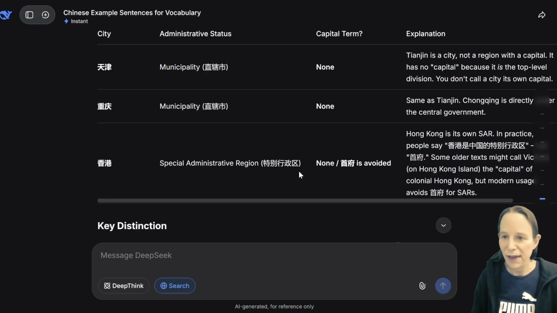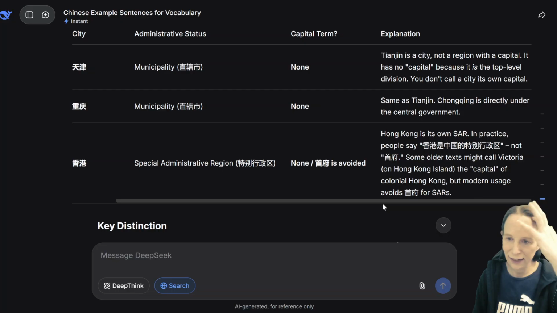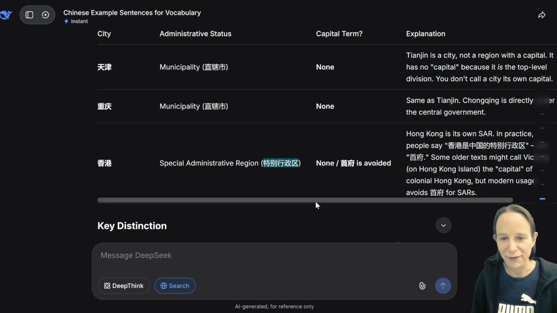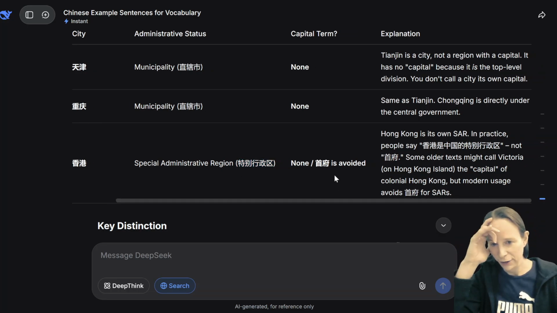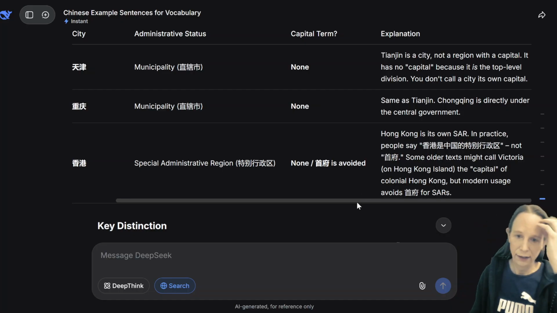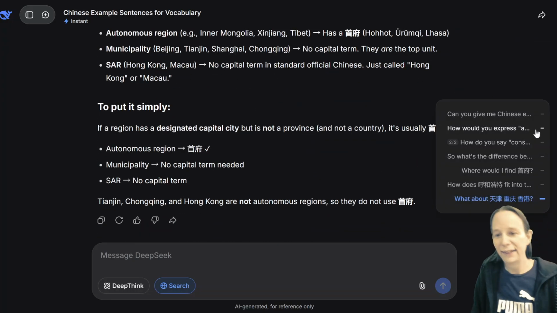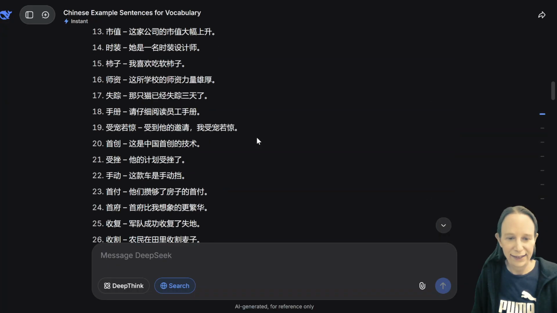So we don't really talk about capitals with Tianjin, and it'll be the same with Chongqing. Same as Tianjin. Okay, 直辖市. And 香港. 特别行政区, so special administrative region. All right. 首府 is avoided. Hong Kong is its own special region. Yeah, all right, it gets complicated. Anyway, let us continue. Where were we?